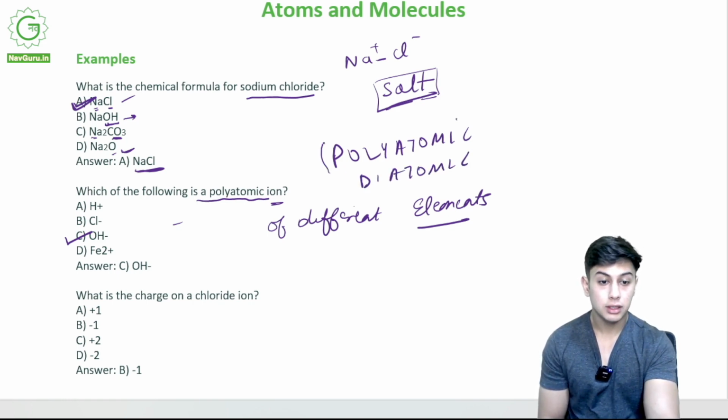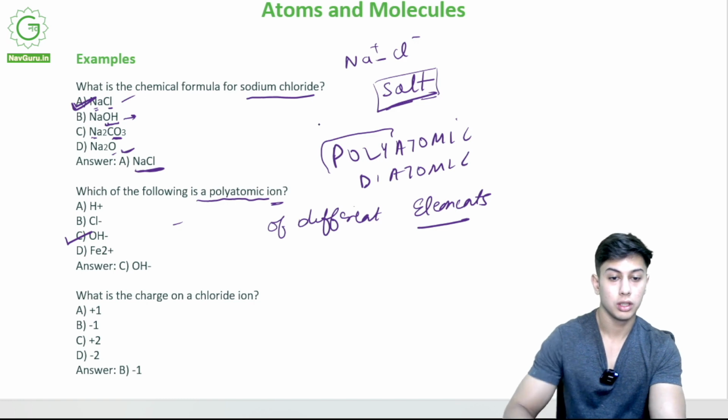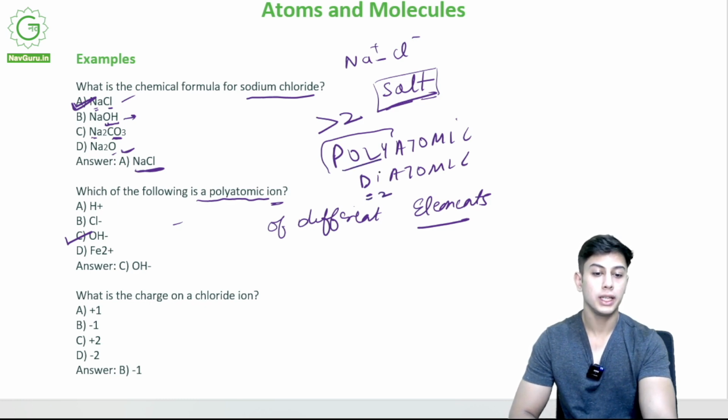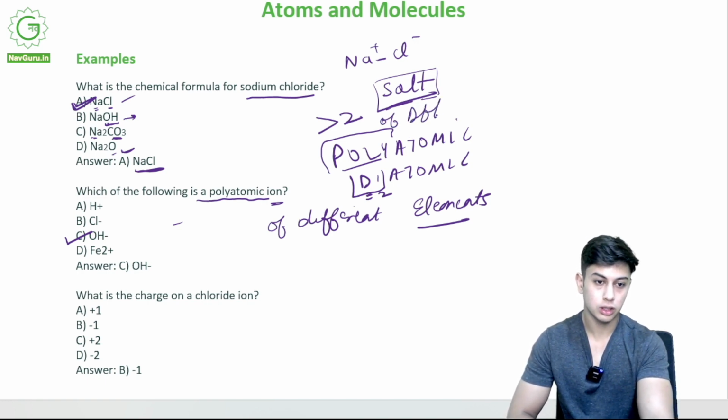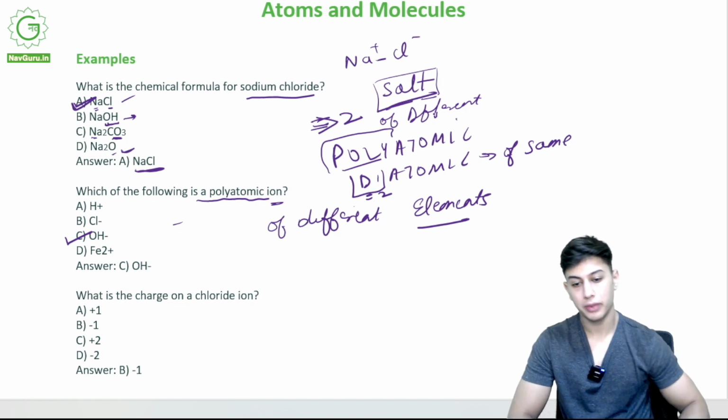Poly means more than 2. Di means equal to 2. Polyatomic, more than 2 or 2 but of different elements. Di is of the same. This can even be equal to 2 but of different.